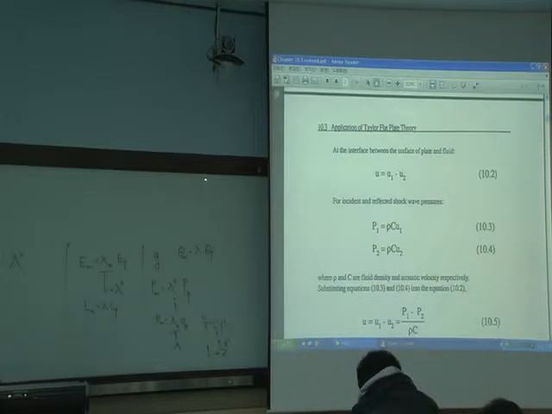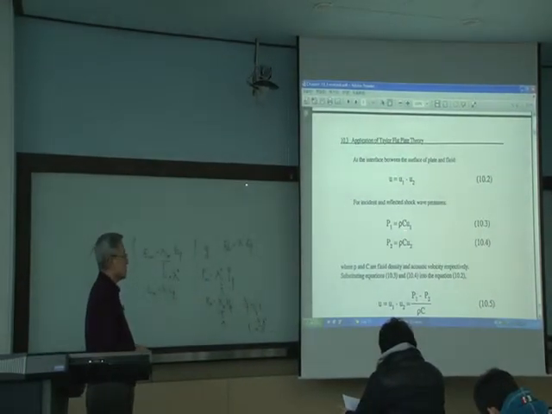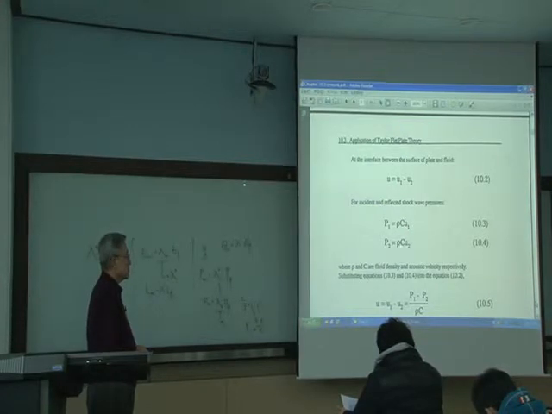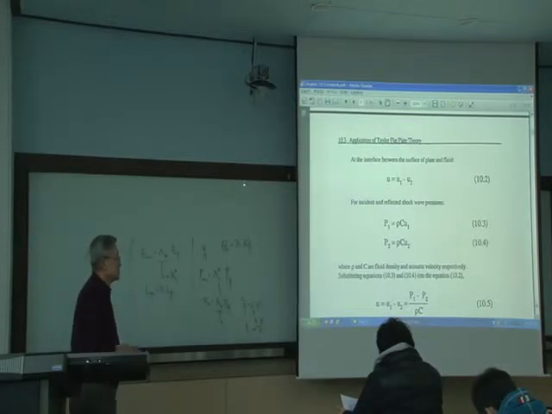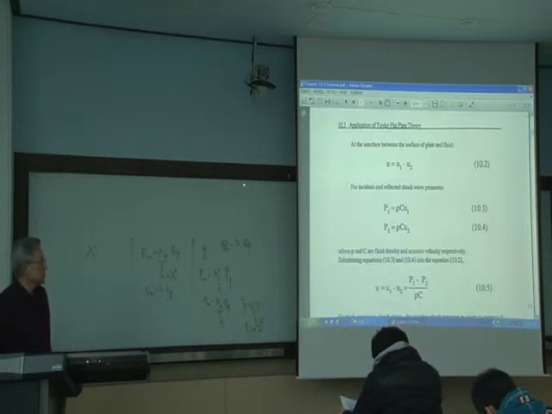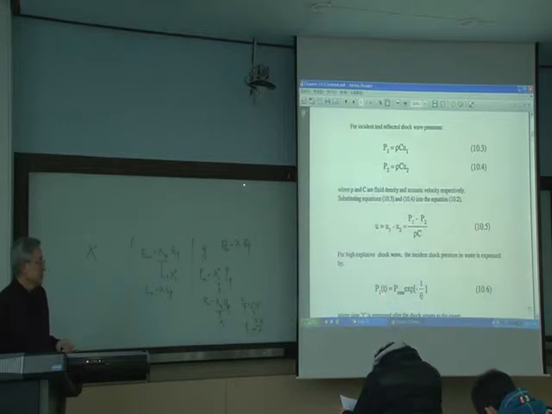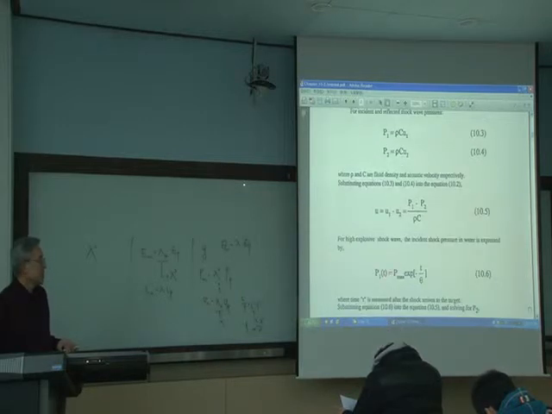So then P1 is equal to rho C U1, and P2 is equal to rho C U2. Then plug equations 3 and 4 into equation 2, and you have that relation. Then P1 is equal to P max times exponential decay.